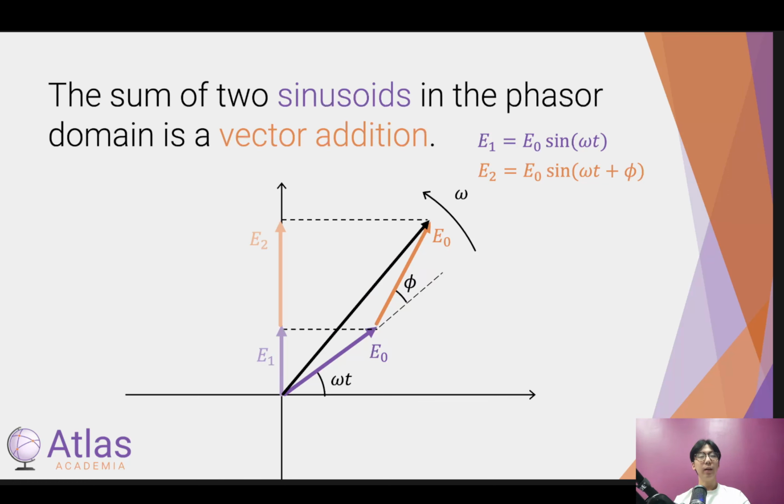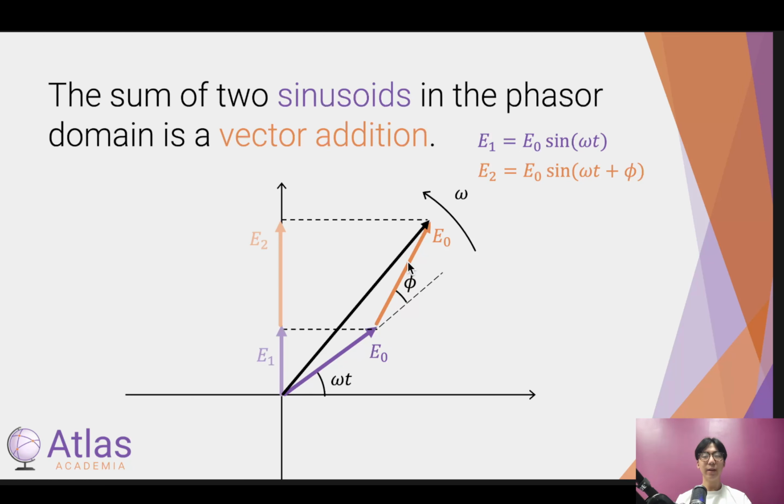And critically, even though these two vectors are rotating around, and that means that this resultant wave is actually going to be the projection on the y-axis as this black vector rotates around, what we notice is that the magnitude of the resultant vector stays the same. This purple and this orange rotate around, but they maintain the length of the black vector.